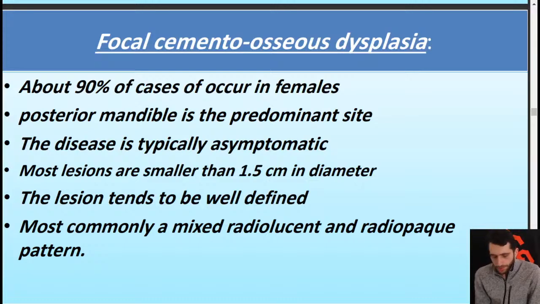Such cemento-osseous dysplasia with the focal type affects females 90% more, just like the fibrous dysplasia occurring with the Albright syndrome. The posterior mandible is the most affected site.